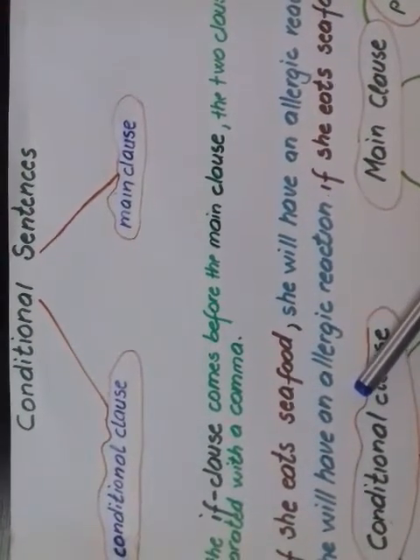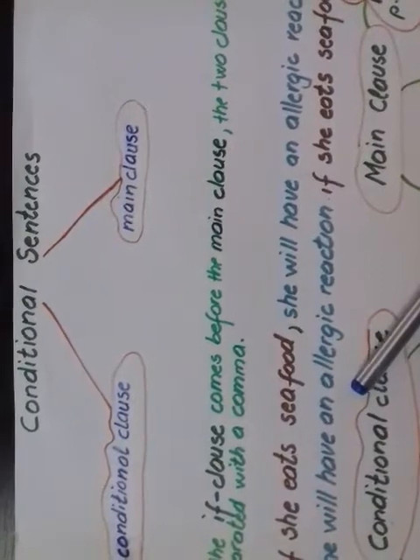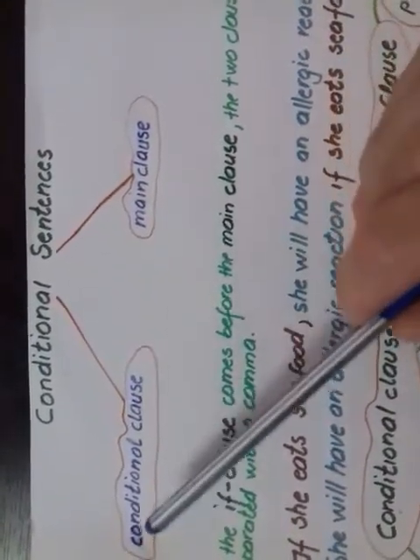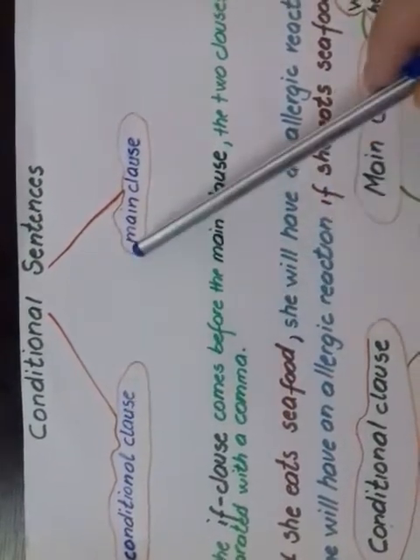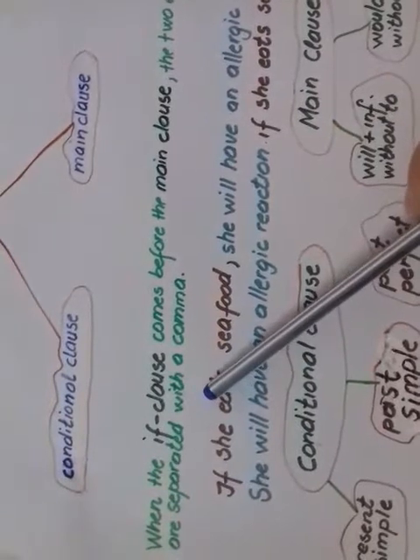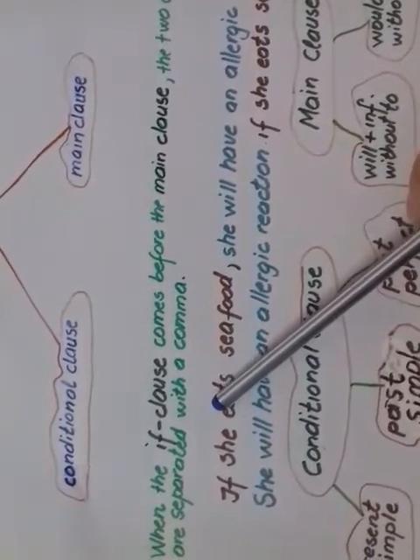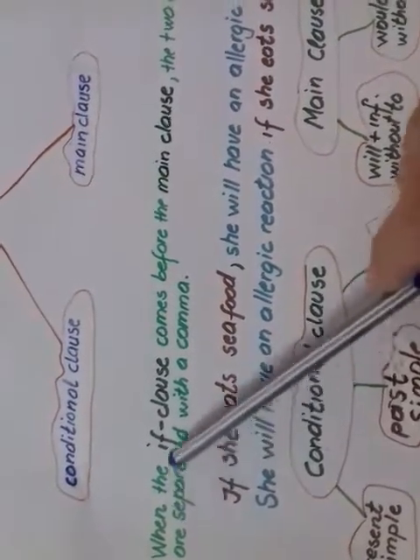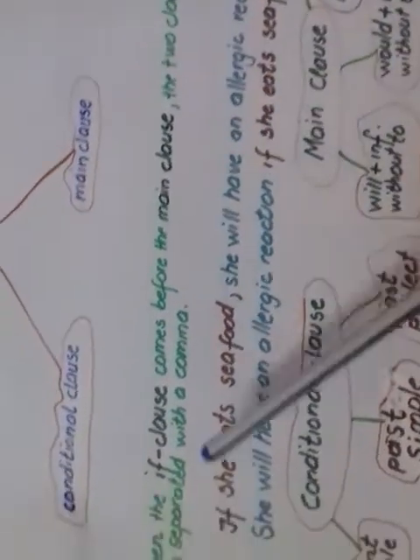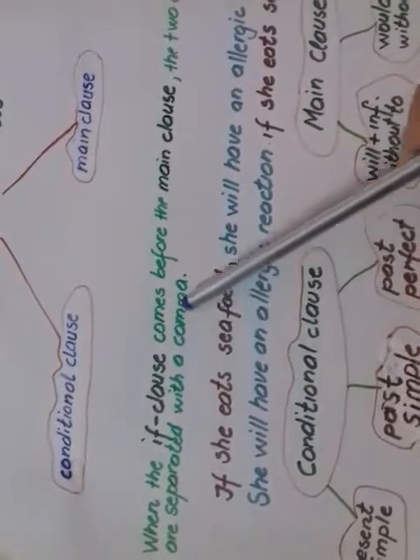A conditional sentence of any type consists of two clauses, which are the conditional clause and the main clause. Another characteristic related to conditional sentences is that when the if clause comes before the main clause, the two clauses are separated with a comma.